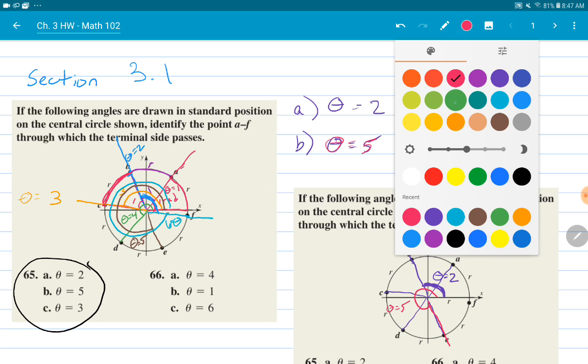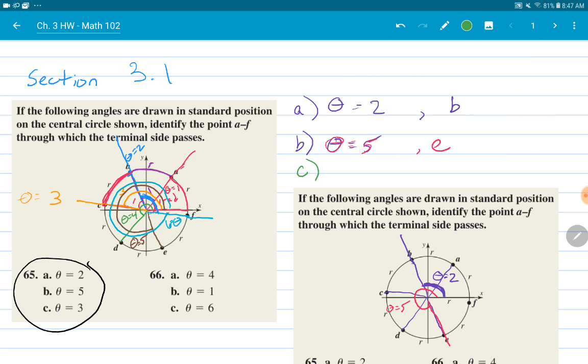And then question C has theta equal to 3. Just going to clear that work from A and B. And we have 1 radian, 2 radians, 3 radians. So that angle, 3 radians, 3 radiuses, means C. So radians is really a measure of how many radiuses your arc length has traveled.